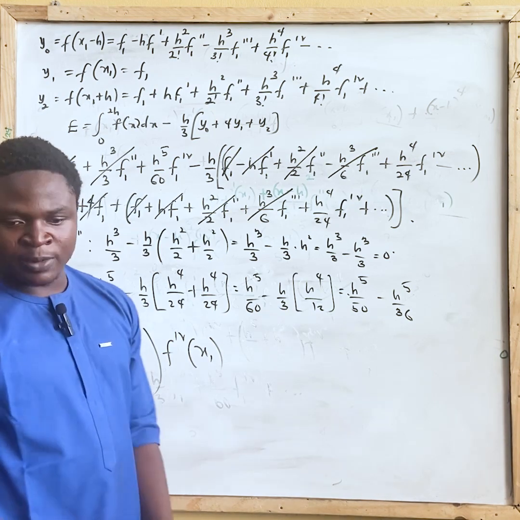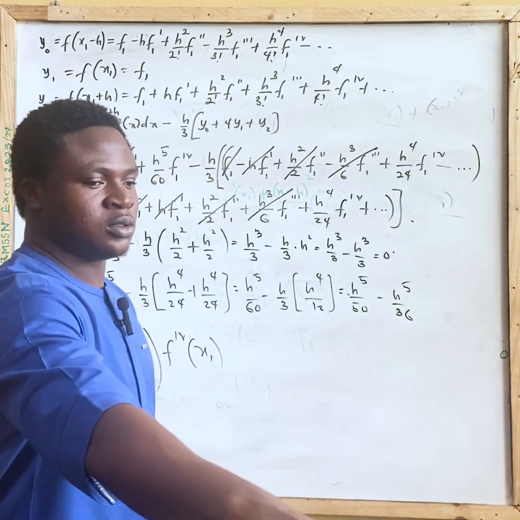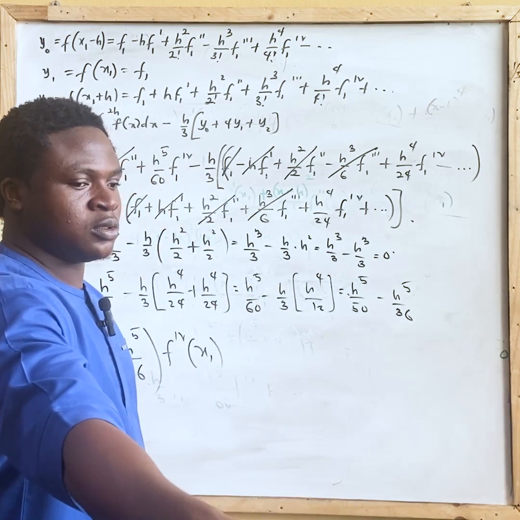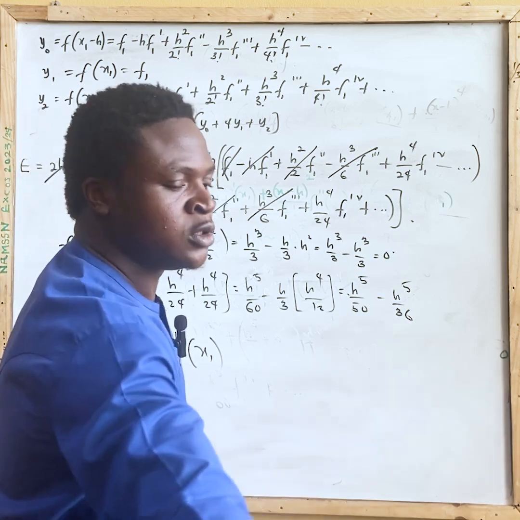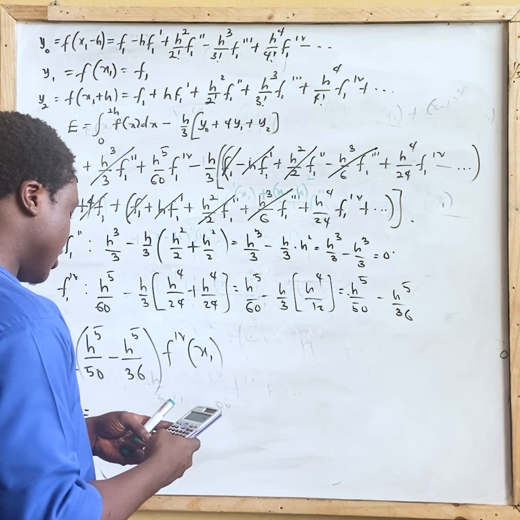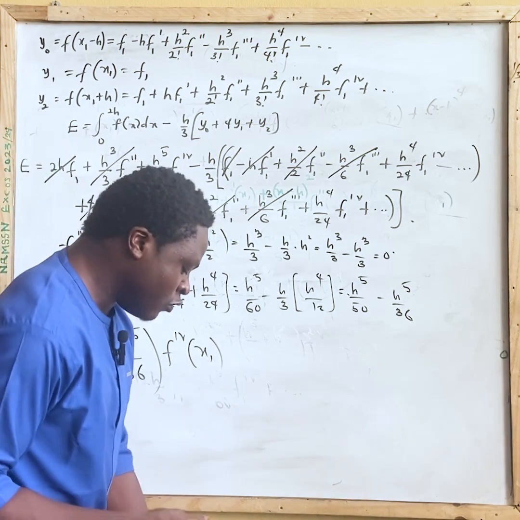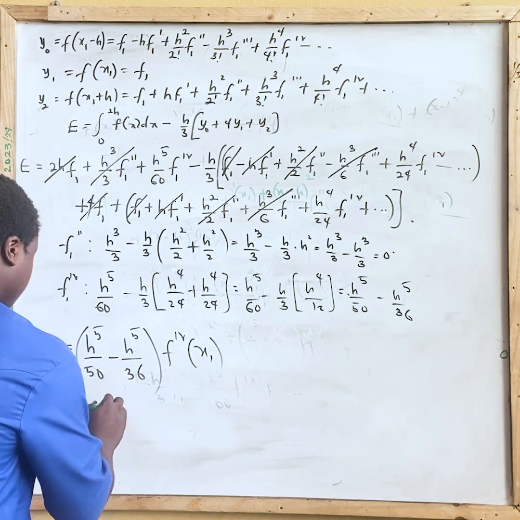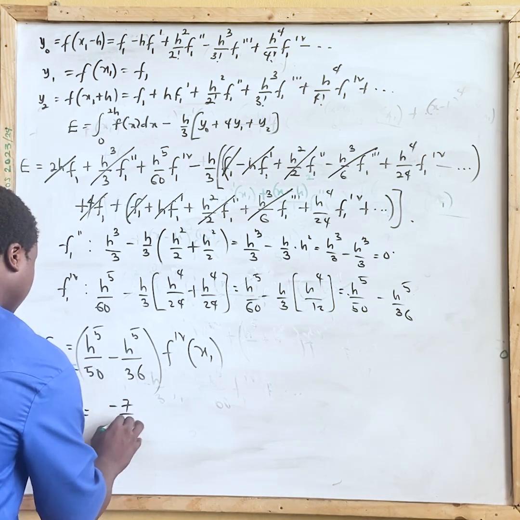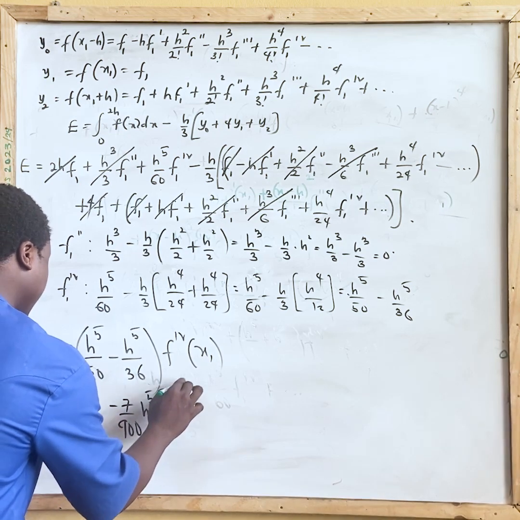No, let me combine with my calculator. So I have 1 over 50 minus 1 over 36 to give me minus 7 over 900. So I have this to be minus 7 over 900 h to the power 5 f IV of x1.